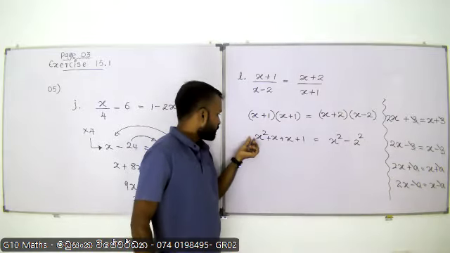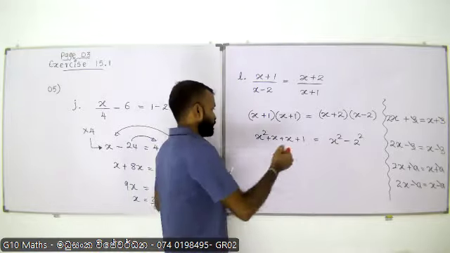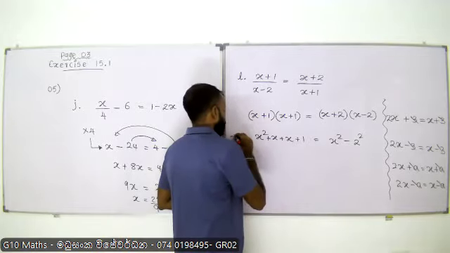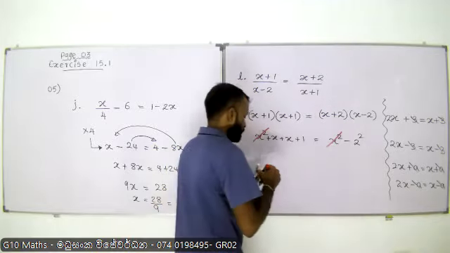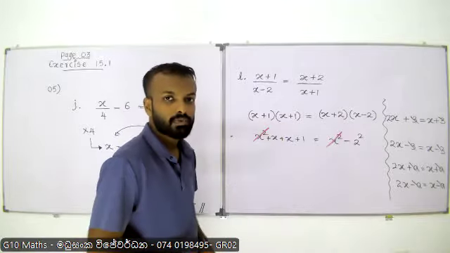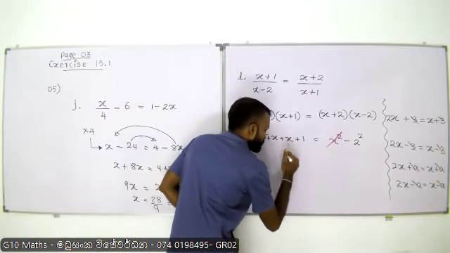Same sign, x to the power 2. Positive x to the power 2, positive x to the power 2. Cancel out. Now it is very beautiful, and you can simplify the answer.